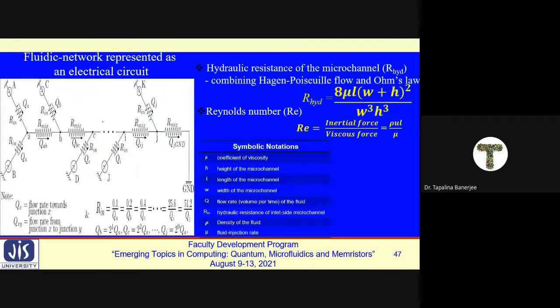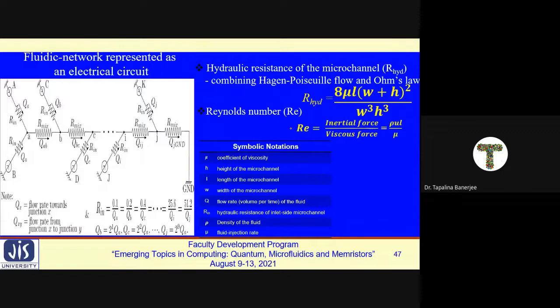At first, take a quick look into our fluidic network represented as an electrical circuit, where flow rate towards each junction is there, and here is the relation between each fluidic resistance and the fluidic flow rate.